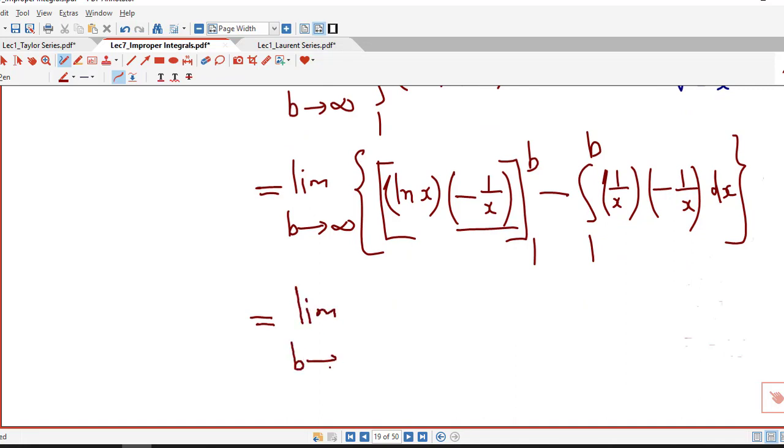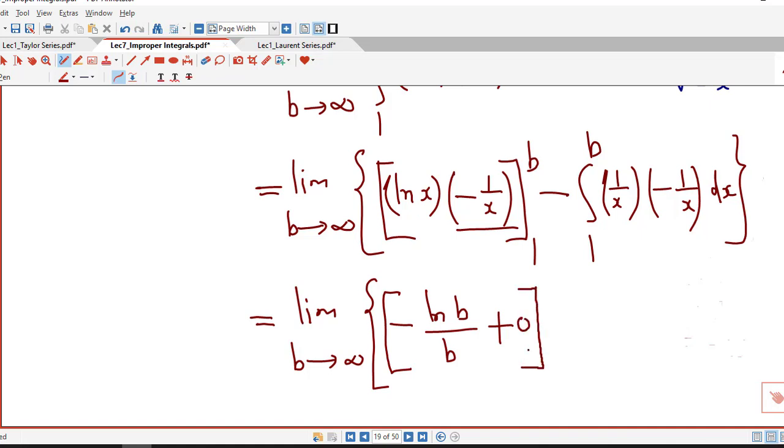So then limit b tending to infinity. Here first we put x equal to b, so we have minus log b divided by b for the upper limit x equal to b, log b into minus 1 by b, that is minus log b divided by b. Minus minus plus log 1 divided by 1, but log 1 is 0, so it becomes 0, and this we can rewrite as plus integral from 1 to b.